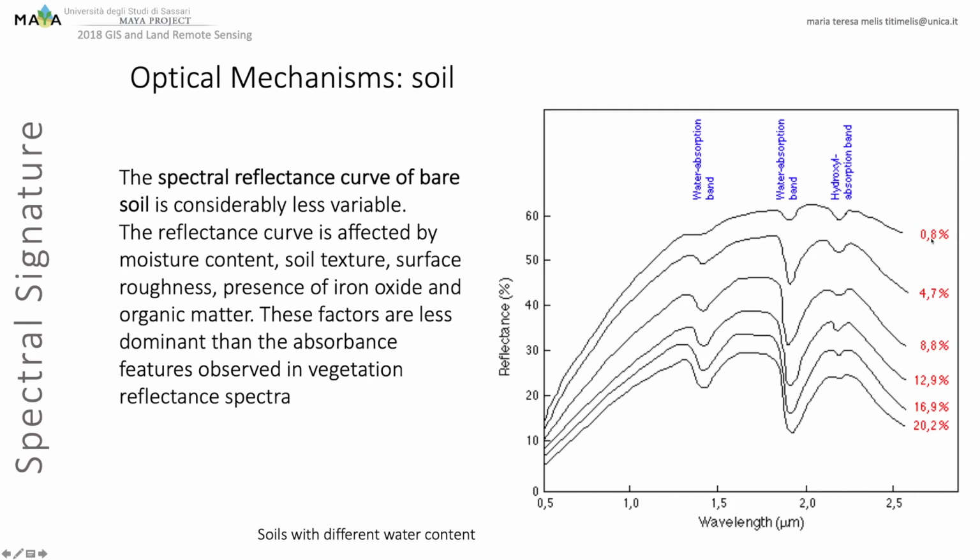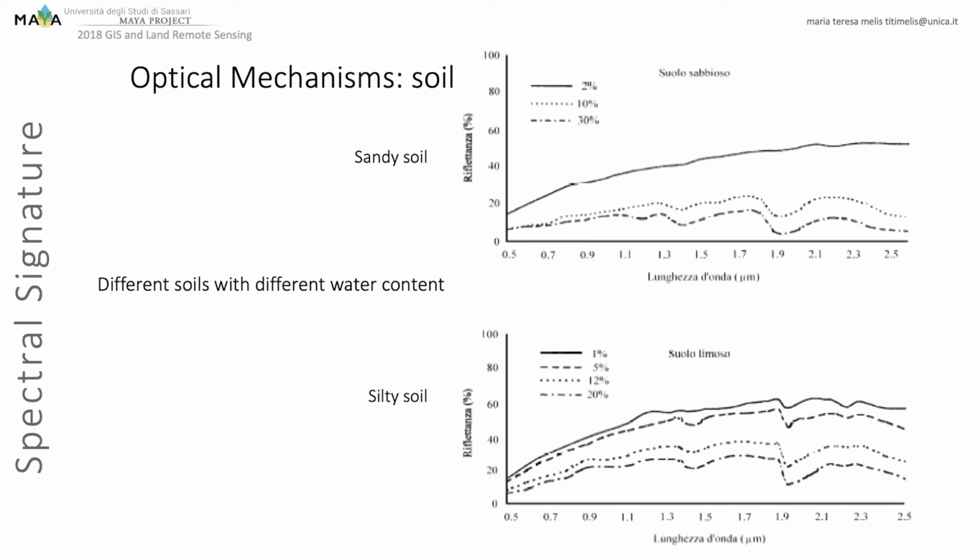Where the soil is dry, the reflectance is high, and where the soil is wet, the reflectance is low, with some bands of absorption around 1.5 and 1.9 microns in the medium infrared.